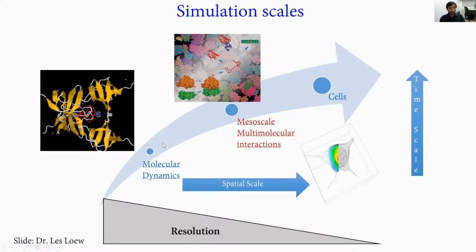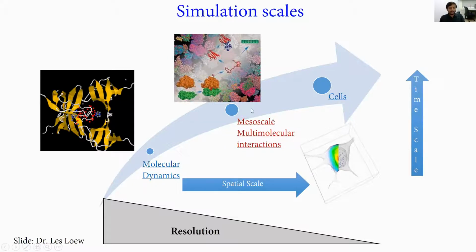For example, if you want to resolve your system on an atomic scale, you want to do something called molecular dynamics or MD. At the other extreme is cellular scale modeling, where you are interested in the micrometer size and time scales of seconds, minutes, or an hour. Then you would use something like a PDE-based solver.